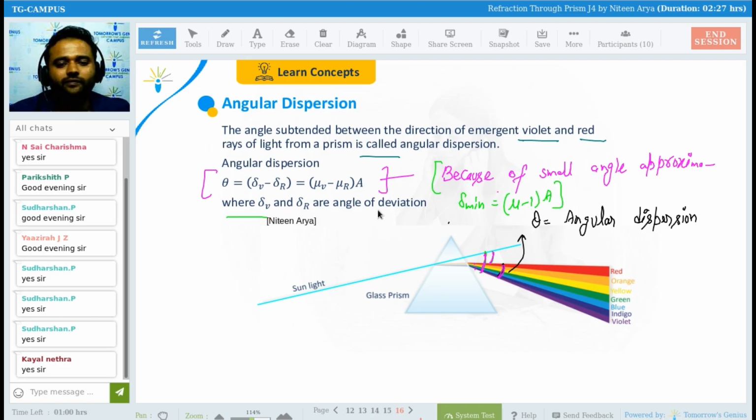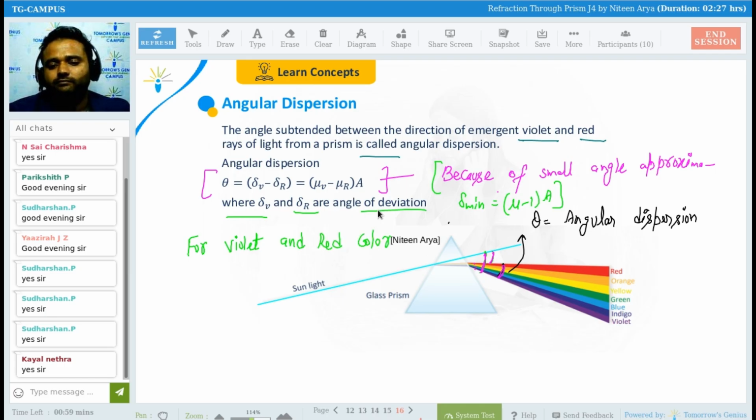Where delta V and delta R are the angle of deviation for violet color and red color. Is this clear with everyone? Clear? Good.